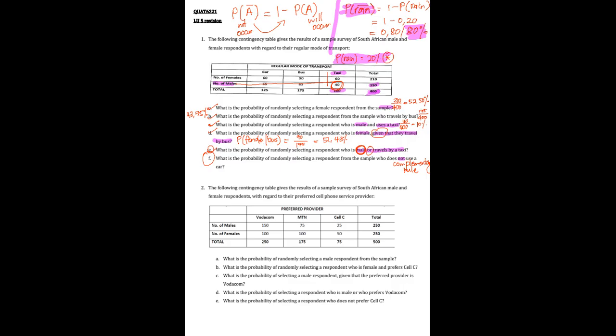So in this case, in F here, when we are calculating this value, they said to you, what is the probability of selecting a respondent who does not use a car? So the probability of not using a car, you'll write the word car with the line on top of it. This is calculated as 1 minus the opposite, which is the probability that they do use a car.